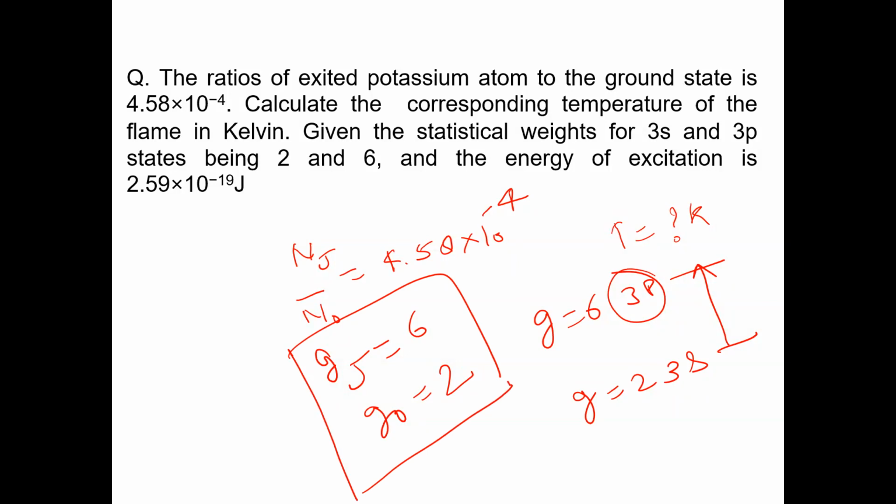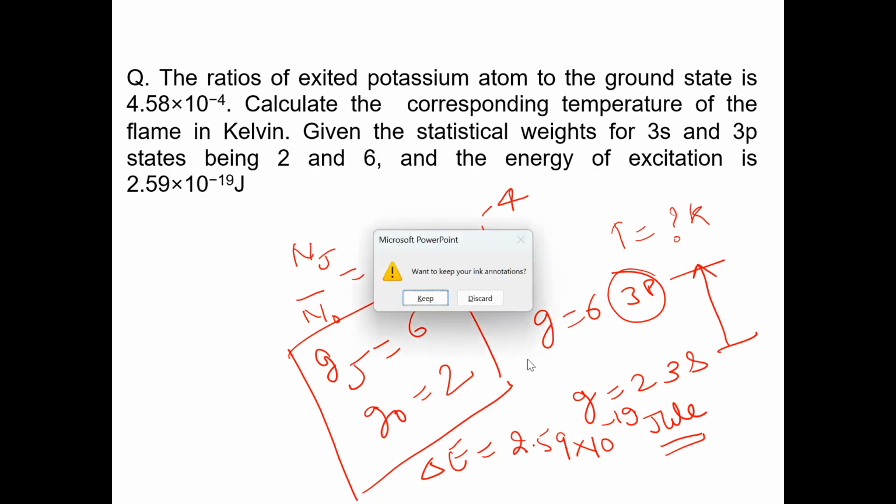And the energy of excitation, delta E, is 2.59 into 10 raised to minus 19 joule. So let me insert a blank slide here.